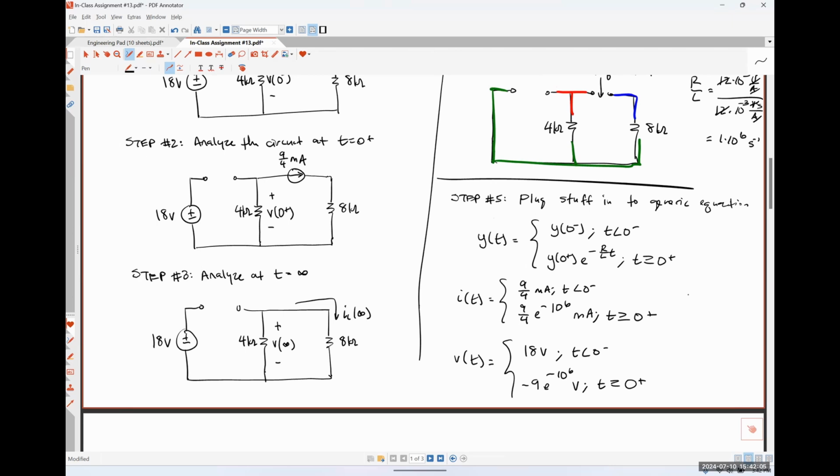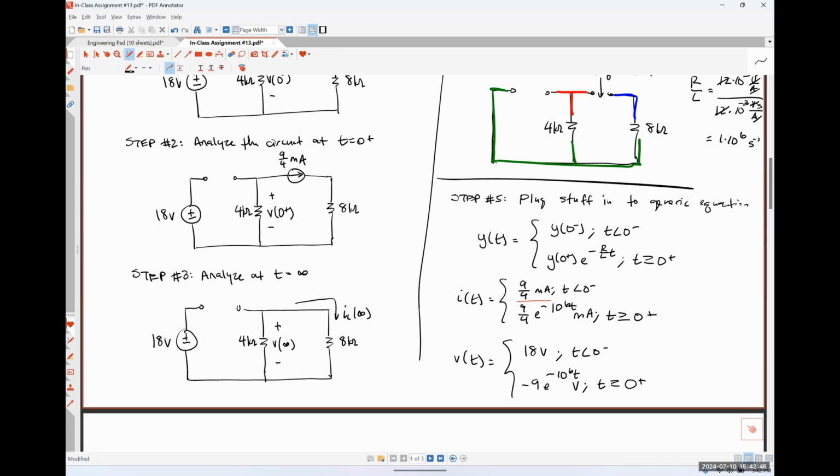Let me make sure that I'm understanding the question correctly, because I think I just misunderstood. For this part right here, it's just 9/4 of a milliamp, nothing else, because we're looking at the circuit before our switch changed states. Because that portion of time represents a DC circuit, we shouldn't see anything else. I did notice that I forgot to put a t here and a t there, so perhaps that's why it was confusing.